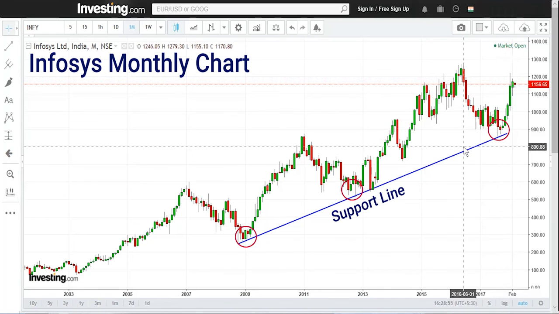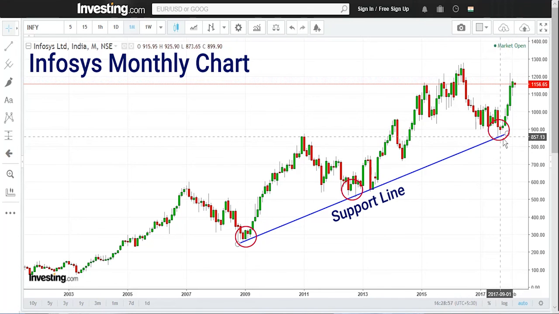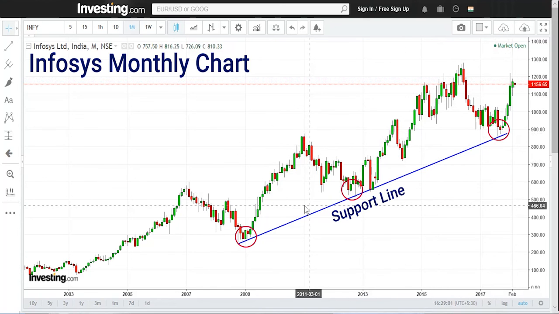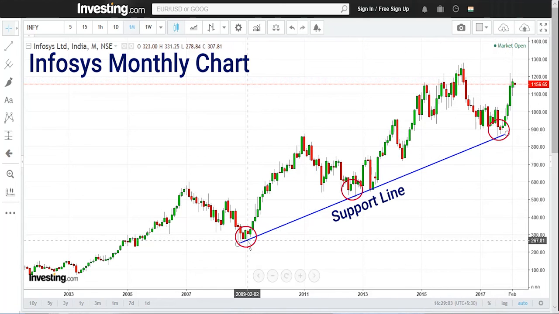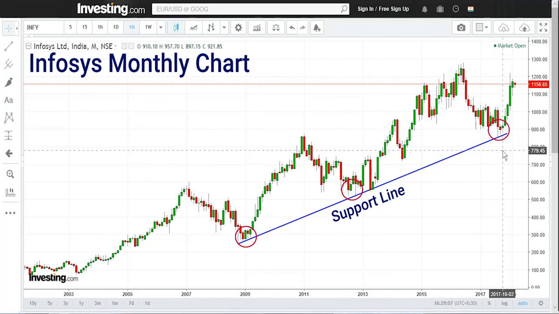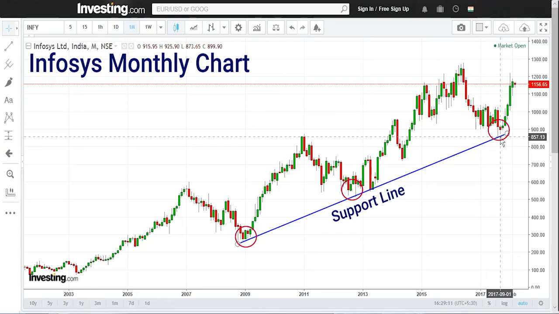So here the trend line was validated this way. So that is the most important fact about the trend line. If the trend line is very long term, it acts as very good support or resistance when we take care of it.